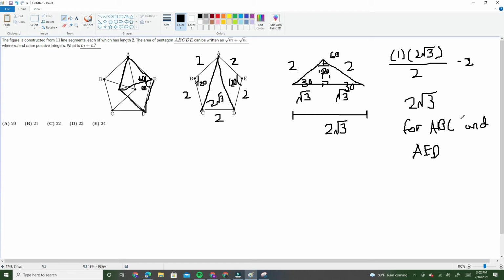So now that we've computed the combined areas of ABC and AED, in order to find the total area of the pentagon, we just need to compute the area of ACD. So if I just take this out below, just triangle ACD, we don't know too much about it, but there's a couple of things we can figure out.